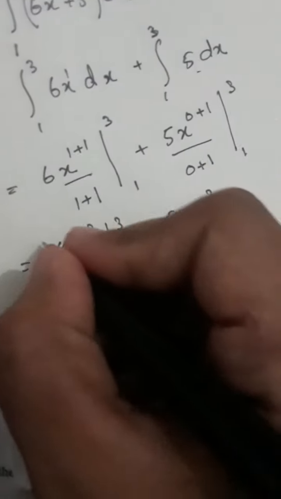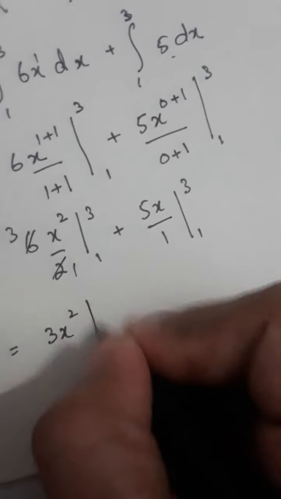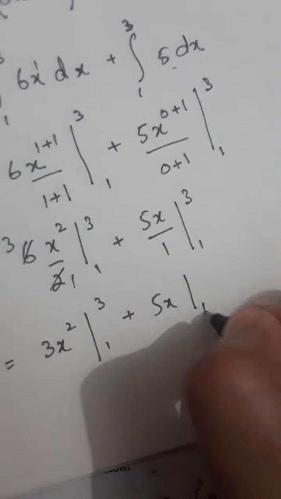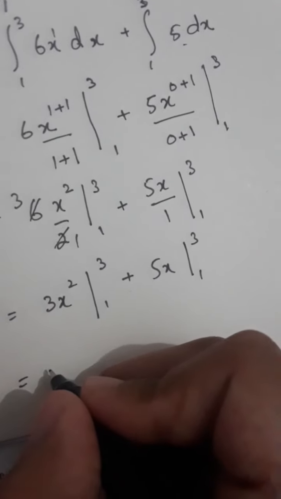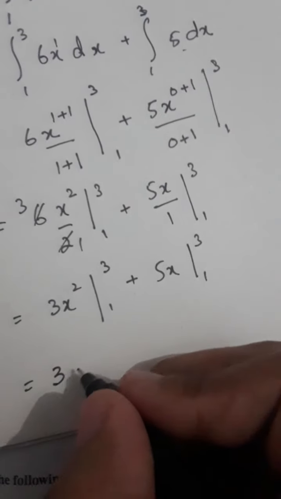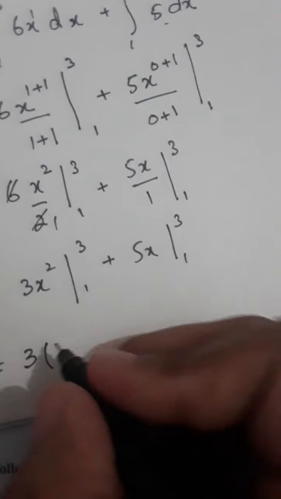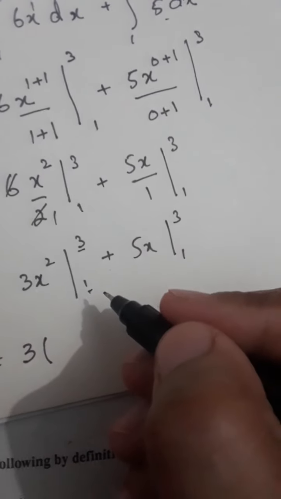2 ones, 2 3s are 6, so this is 3x squared basically with limits 1 till 3 plus 5x with limits 1 till 3. How do you put the limits? Now putting the limits is, wherever you have the x in the function, you are going to replace it with the limits, first with the upper limit and then with the lower limit.